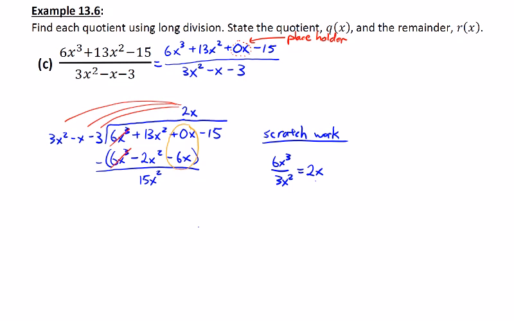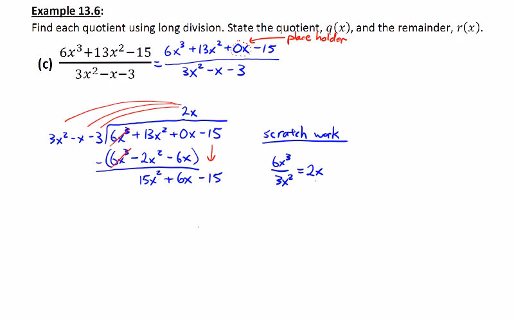But I've got to be careful because it's not 0 minus 6. It's actually 0 minus negative 6. So that's going to result in plus 6x. Bring down the constant term, and now I have the expression 15x squared plus 6x minus 15.